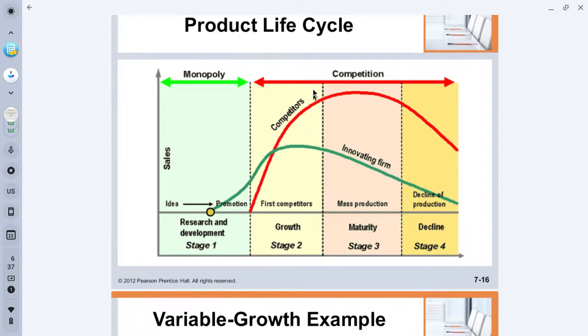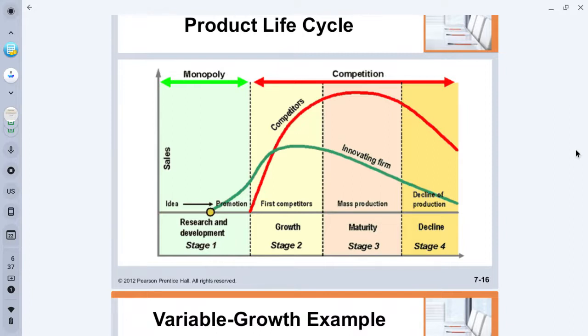And then after that, the maturity stage, I mean, the whole entire industry reaches maturity. And then after maturity, decline. Of course, not all products go through this cycle. I mean, eventually it will go through this cycle.